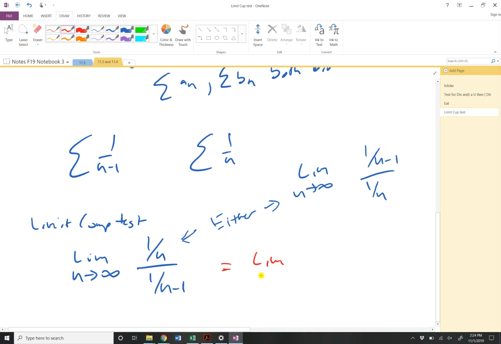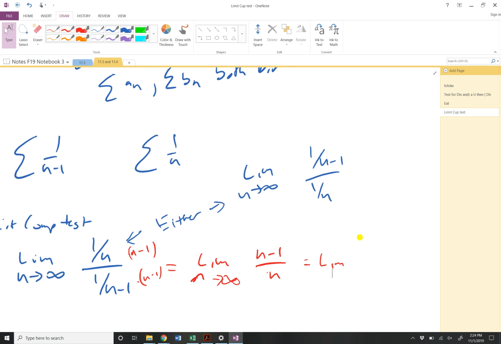Well, let's do a little algebra. Okay, if you multiply the numerator and the denominator by n minus 1, then you get this, which simplifies to that. This goes to 1, that goes to 0, and so the limit goes to 1.